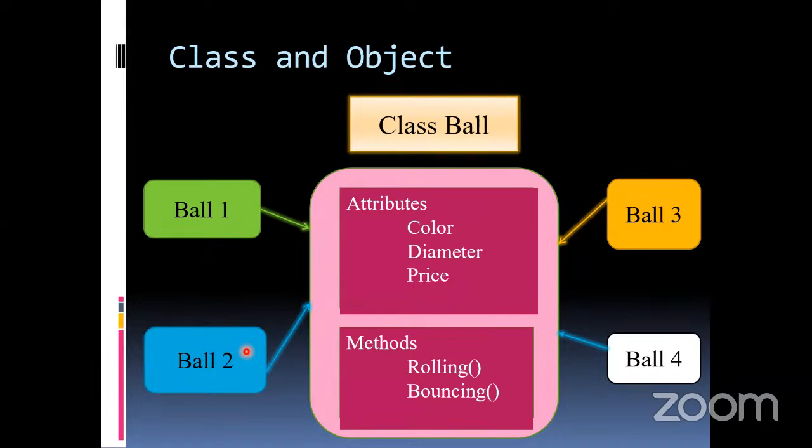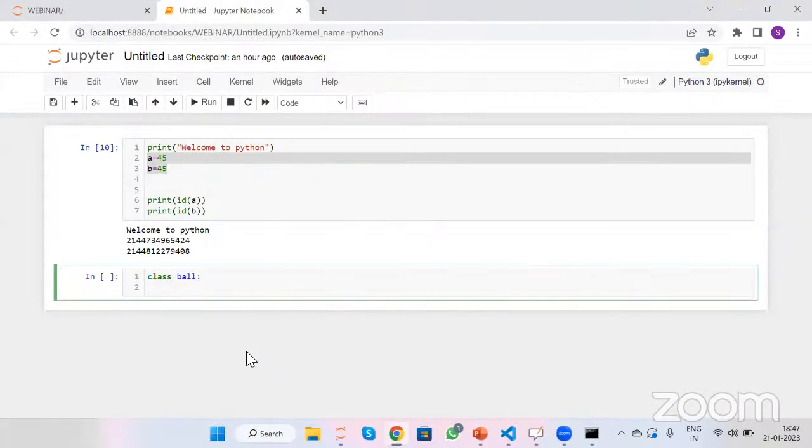For ball 1, we can have the color as red, ball 2 may have blue, and ball 3 may have yellow. Every attribute may vary, or it may be similar, depending upon the value we give. What I am trying to say is all the objects are not identical. They may be different.